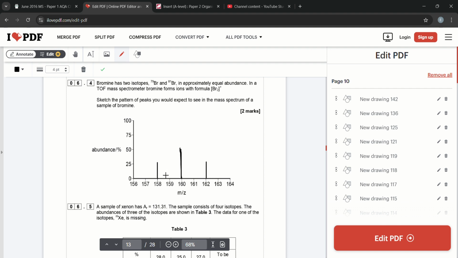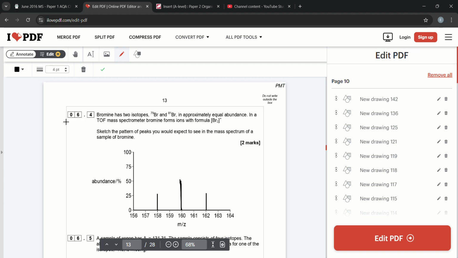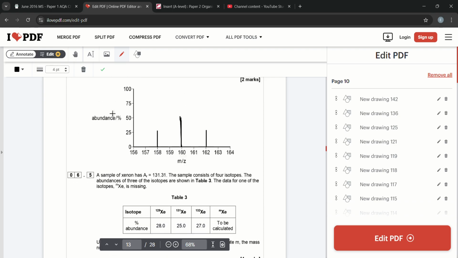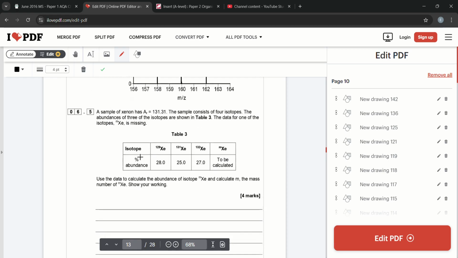So 158, 25%, 160, 50%, 162, 25%. I'm probably going to create a separate video on this question, going into more detail on how you approach it, but this is the correct answer.